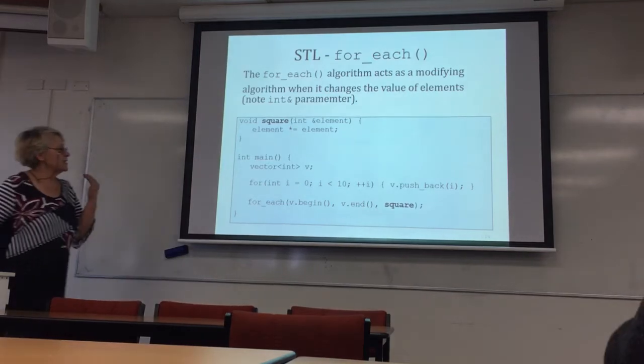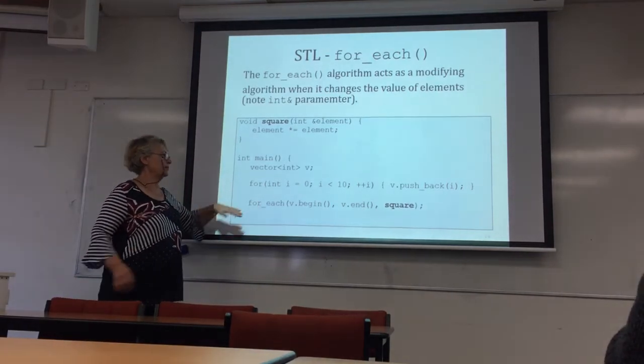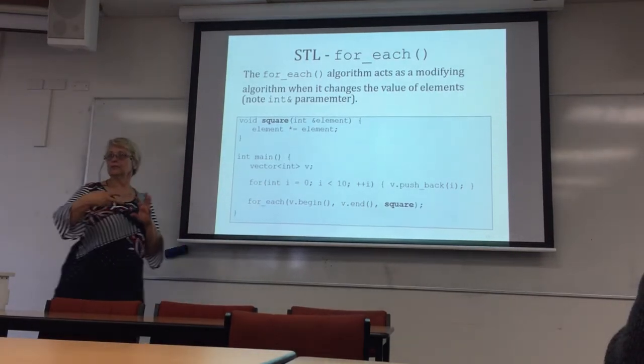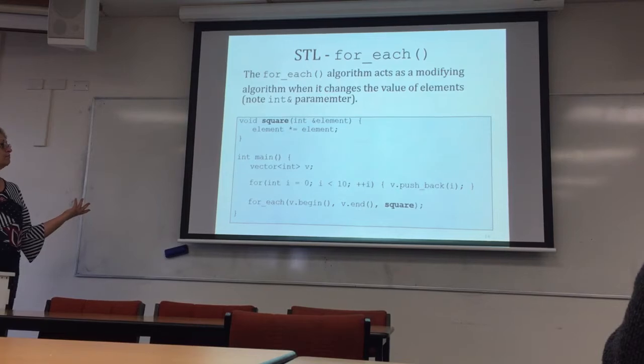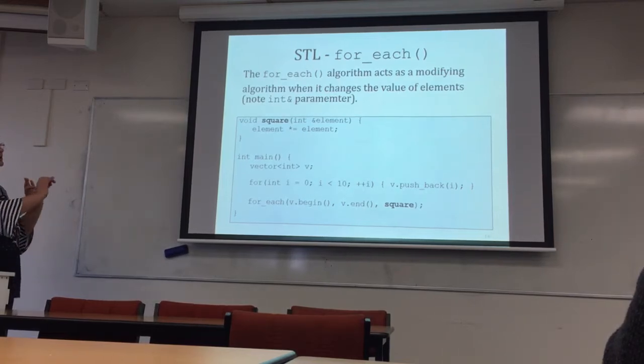So as you can see here, we have a for loop where some function is applied inside, but instead of 2 lines of code, we have this algorithm which does a very efficient job.